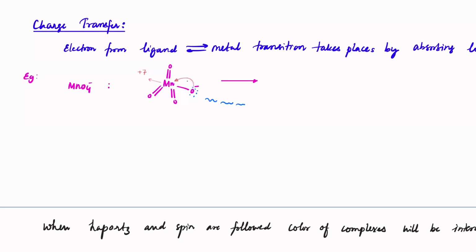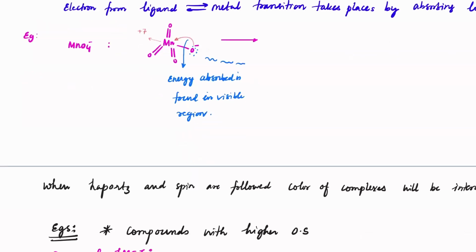This energy difference is found in the visible region. Got it?